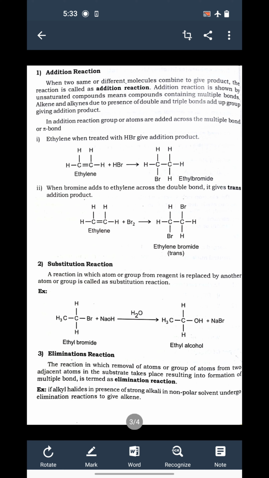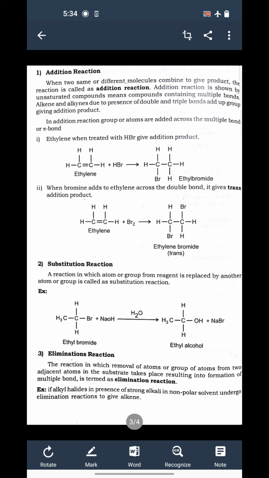Then the third one is elimination reaction. Again, the name says elimination means something is eliminated here. In this reaction, elimination of atoms or groups of atoms takes place from two adjacent atoms. Not a single atom is eliminated, but two atoms from two adjacent carbon atoms, and the resulting product has a multiple bond.